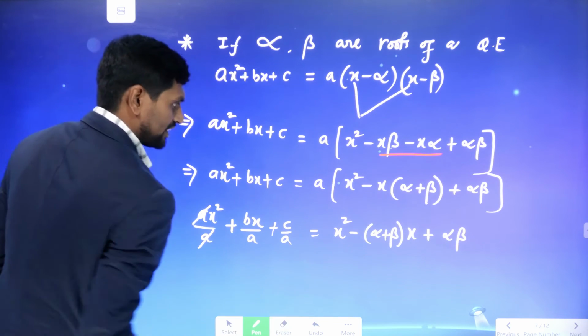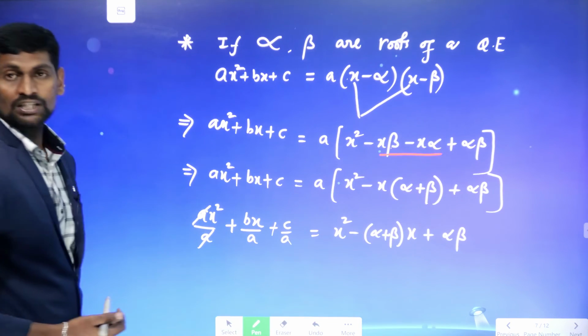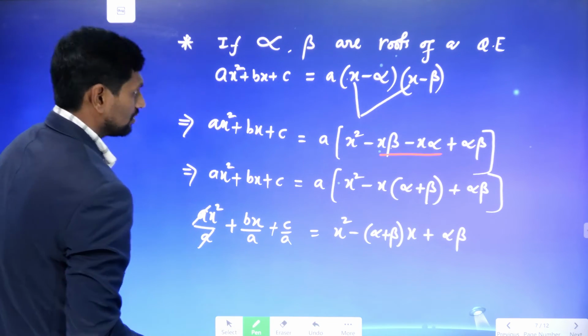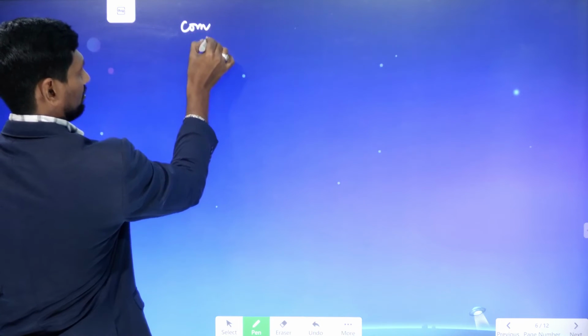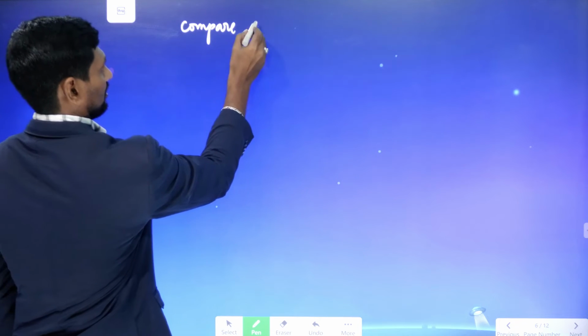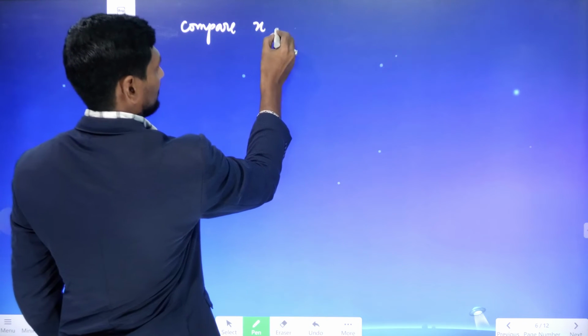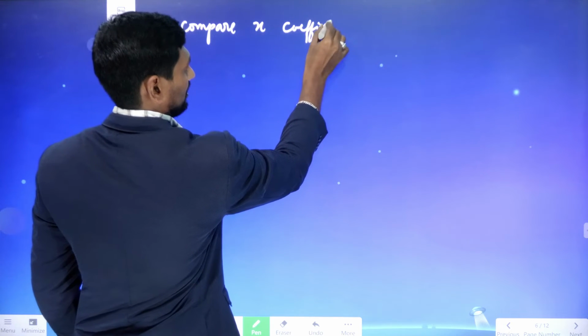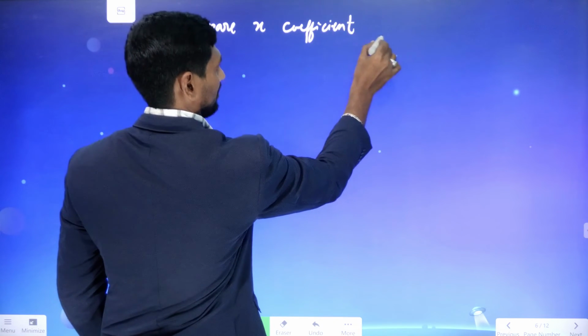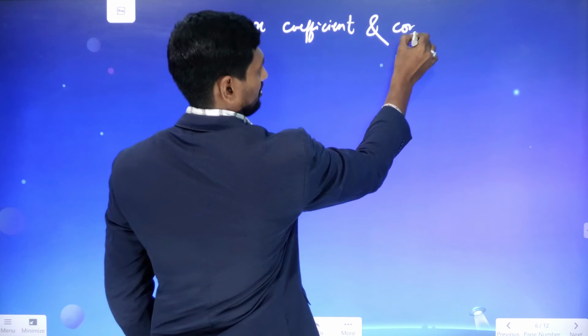Now here, x coefficient what? Minus alpha plus beta. I am writing here, compare x coefficient and constant terms.